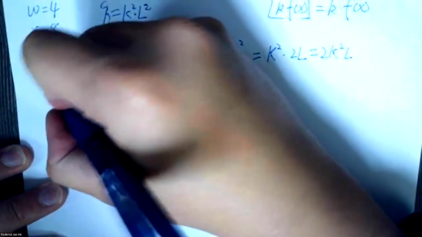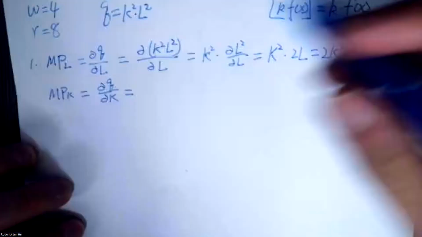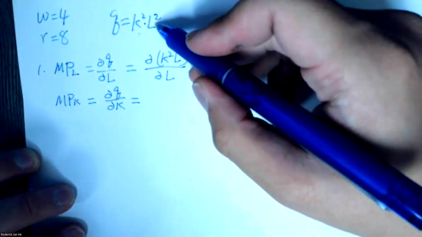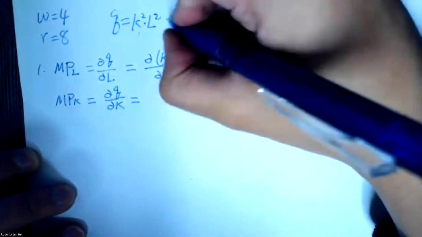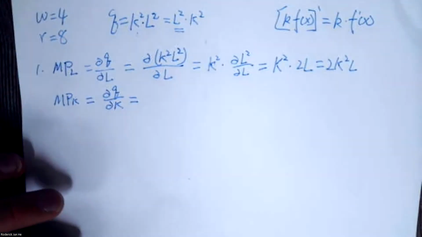Then the marginal product of capital is the partial derivative of Q with respect to K. Namely, you're treating K as the variable and L squared as the constant, so we put the constant ahead.